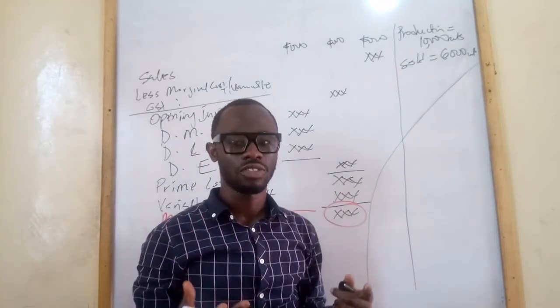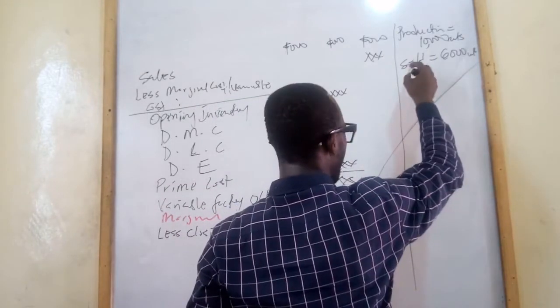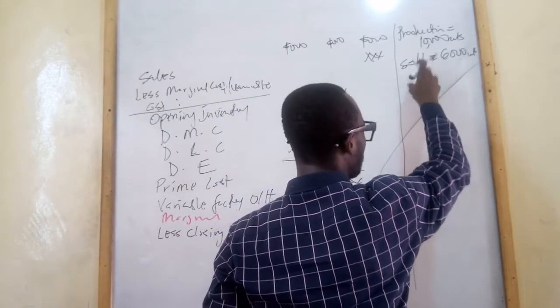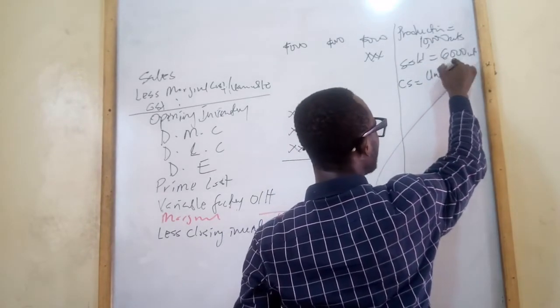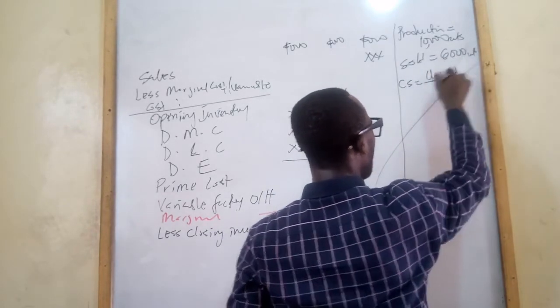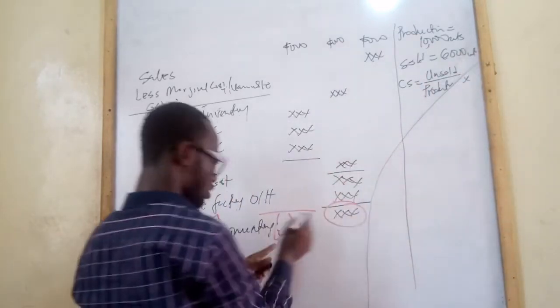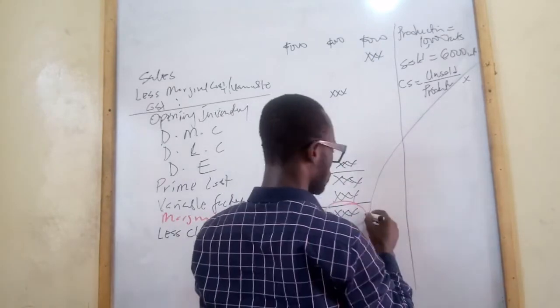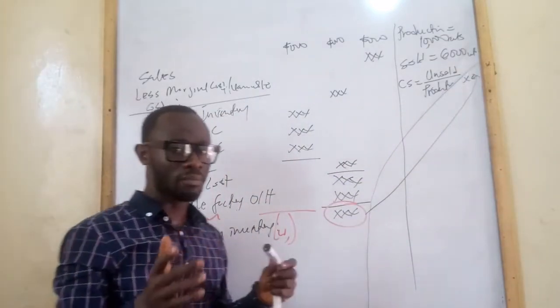How do we value that 4,000 units? So this is a very key working you must note. Closing stock will be calculated as unsold output over units produced times this marginal cost. Are you getting the picture well?